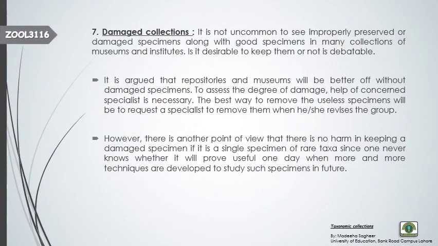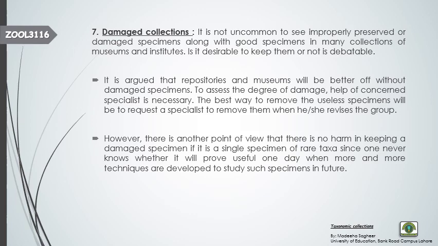The seventh type of collection is the damaged collections or damaged specimens. We could have a damaged collection because the damage has occurred due to improper preservation processes, or if the specimens are not being looked after by the curators very well.